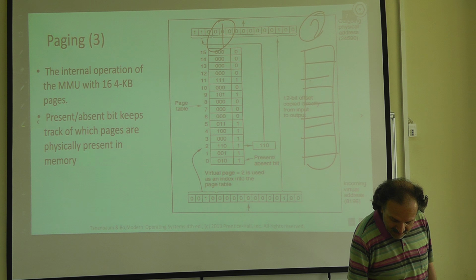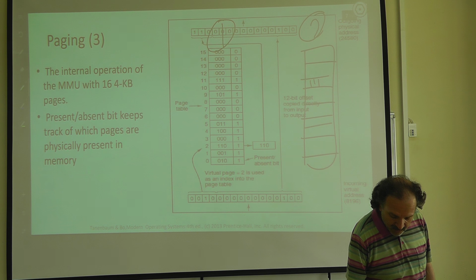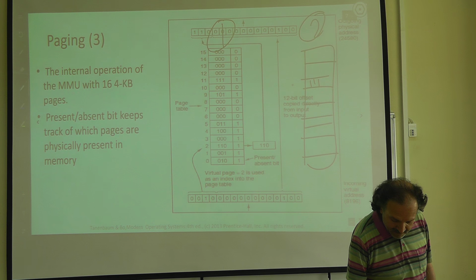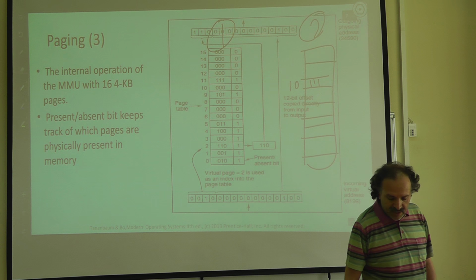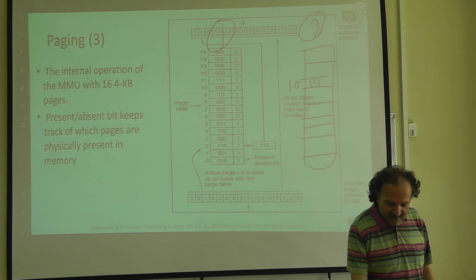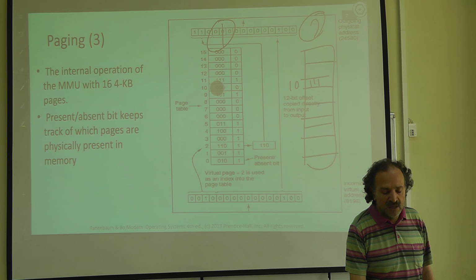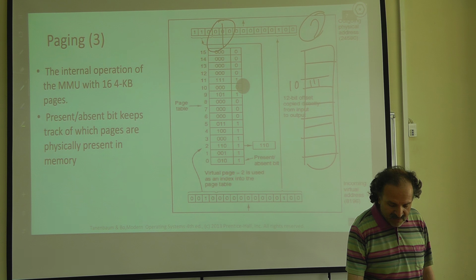Let's say for the 10th page location, it has this number 111. For the other one, the 10th location doesn't have anything, so it is not loaded, it is invalid, right? So when I refer to this page table, I would say that I don't have this page in the memory, but some other process has it in the memory.